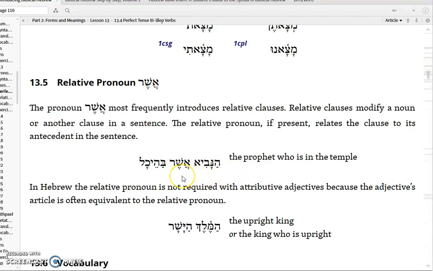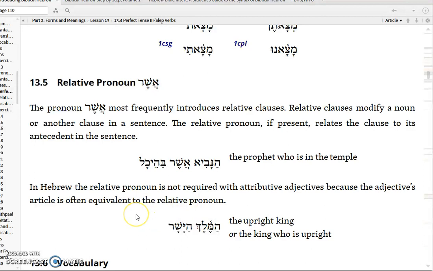Hanavi, the prophet, asher, basically you'll translate asher either who, which, or that. So the prophet who, ba is in the, notice the patah indicating the article is there, the palace, hekal, or it could be temple. Palace or temple is both hekal.